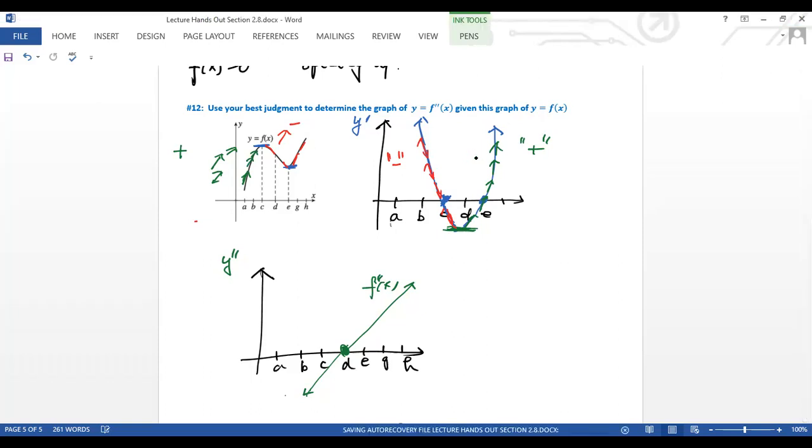From physics, the original is a position function, the first derivative is velocity, and the second derivative is acceleration. And to find the second derivative, remember it is the derivative of the first derivative. That's why this graph shows you how to determine what the graph of the second derivative looks like.